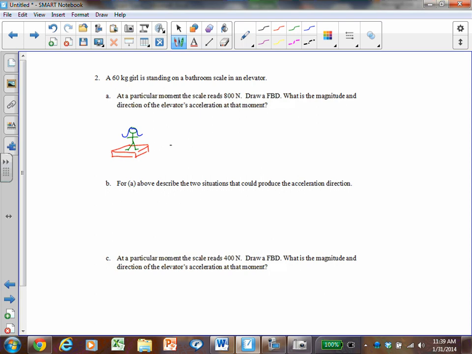It says to draw an FBD for the girl. Probably should have said, but anyways. What forces are acting on the girl?